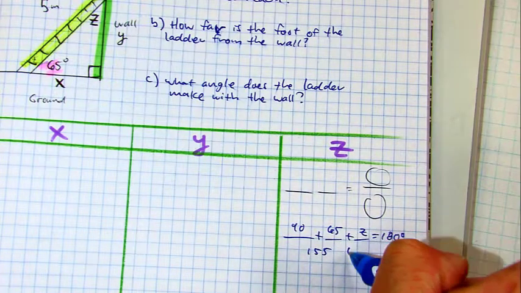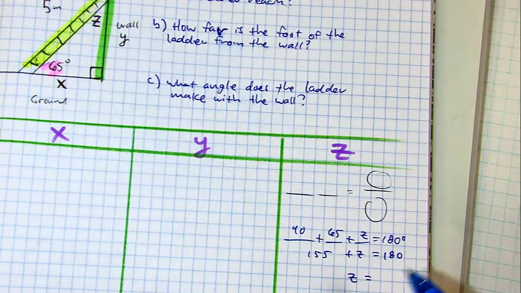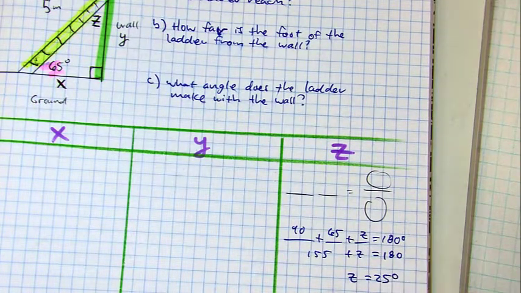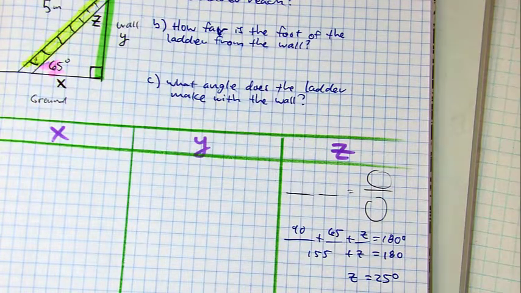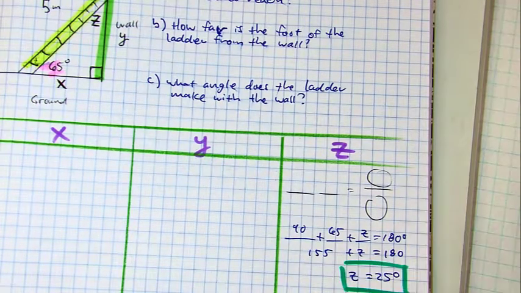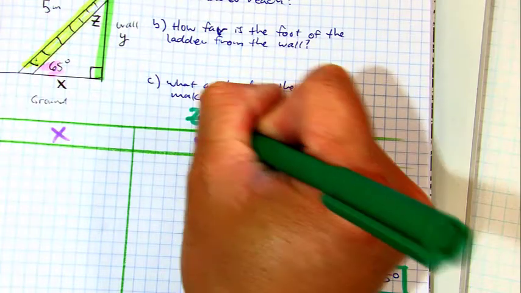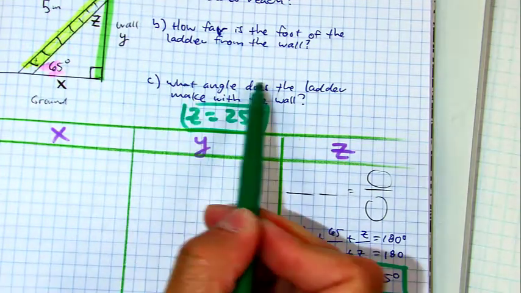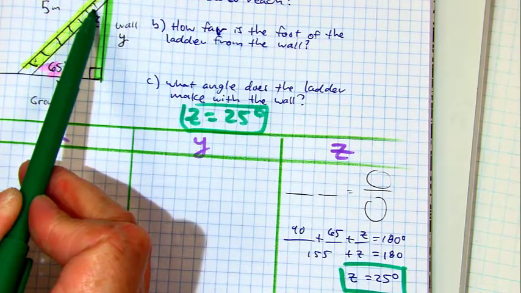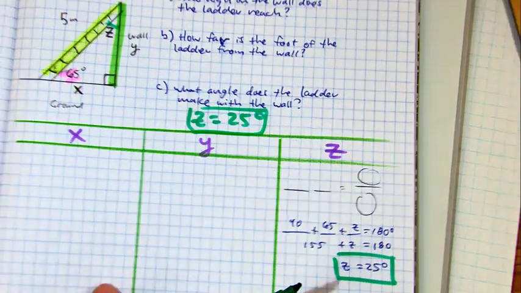And if you subtract that, Caesar, Z is equal to? Okay, question. Z answers which question? What angle does the ladder make with the wall? Okay. Good job, Caesar.